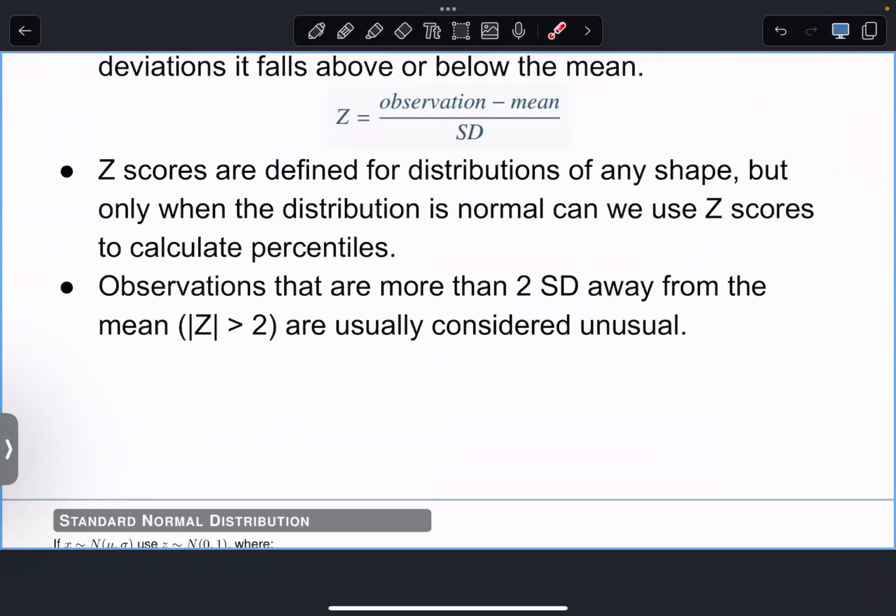Something that we're going to really cling to is that observations that are more than 2 standard deviations away from the mean, so in either direction, are usually considered unusual, right? And so I'm going to highlight that because what we're going to find is statistics, we don't really care about run of the mill, everyone's doing this, right?